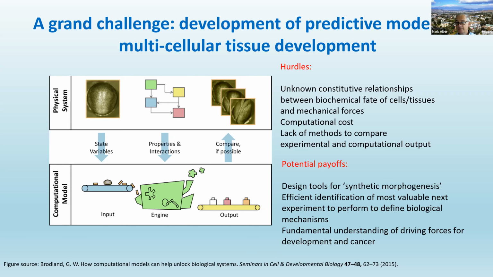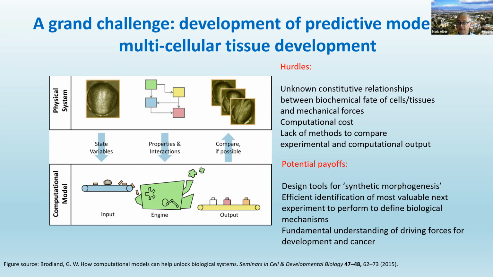So there are hurdles to developing this kind of combined simulation and experimental approach. Computational cost may be huge, and comparison between experiment and computational modeling results is an issue, and people use sensitivity analysis and nowadays machine learning approaches.